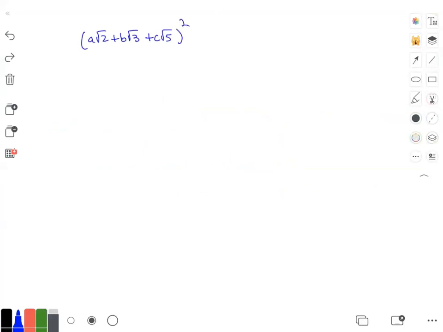So we have a root 2 plus b root 3 plus c root 5 squared. So what will this equal? Let's do the same thing. Our x is a root 2, so we have 2a squared. Similarly, we have 3b squared plus 5c squared. And then we take a times root 2 times b root 3, multiply them, and then multiply by 2. So this is 2ab root 6, then 2ac root 10, and then 2bc root 15.